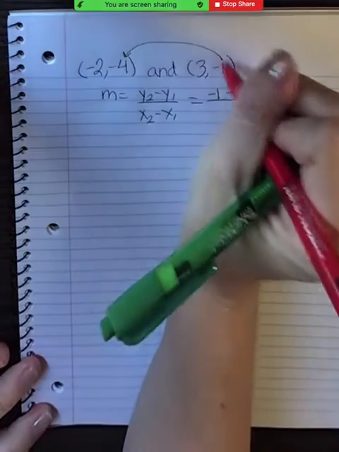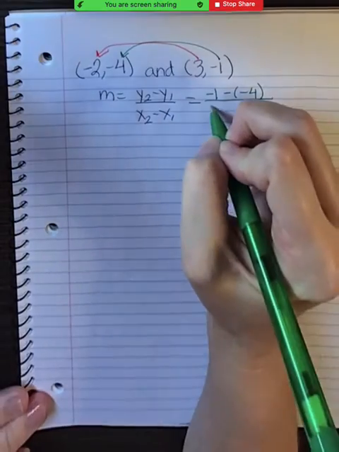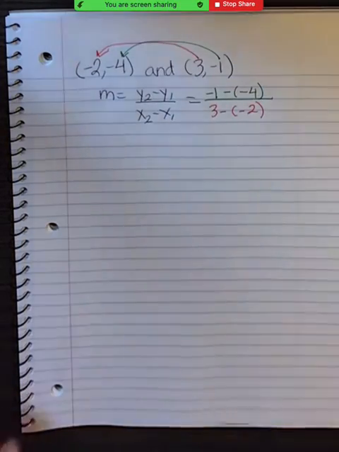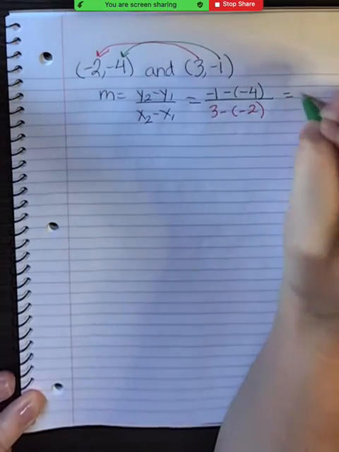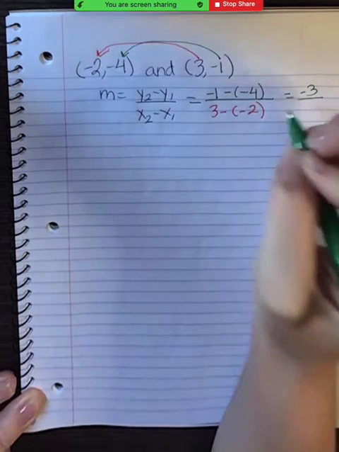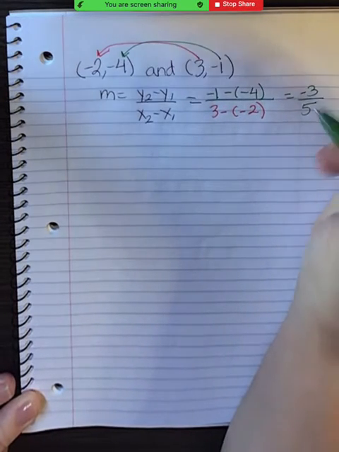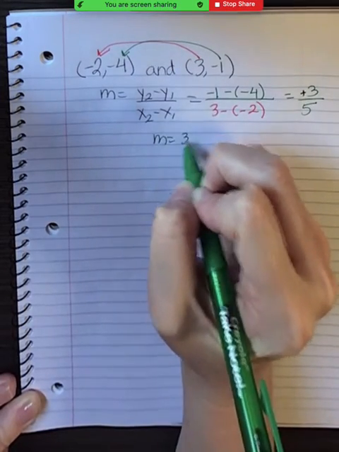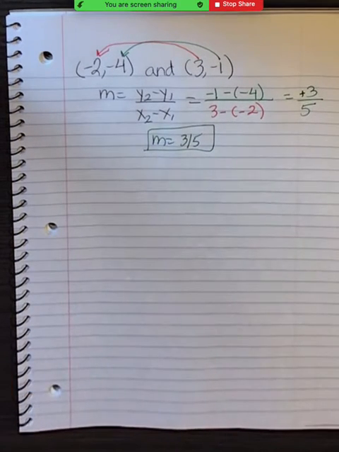So I started at -1. I'm going to start at 3, -2. So 3 minus -2. Okay, -1 minus -4 is +3. 3 minus -2 is 5. So the slope of this line would be 3/5. No need to make it a decimal, just leave it as a fraction. Okay?